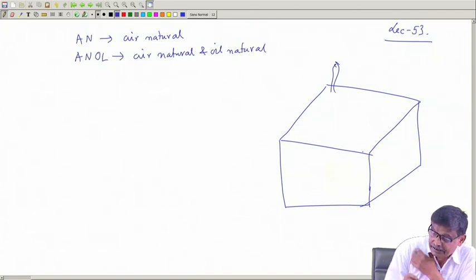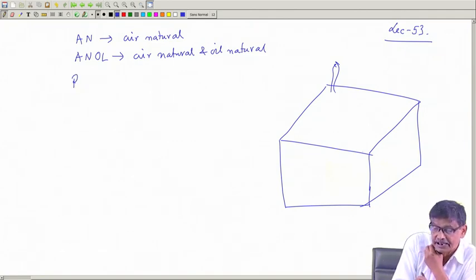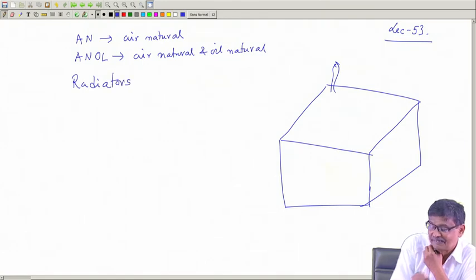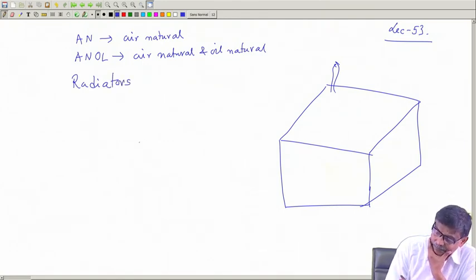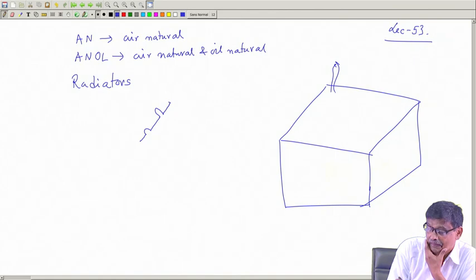What they then connect is called radiators. Radiators are nothing but iron plates with tubes like this. Just I am drawing one.